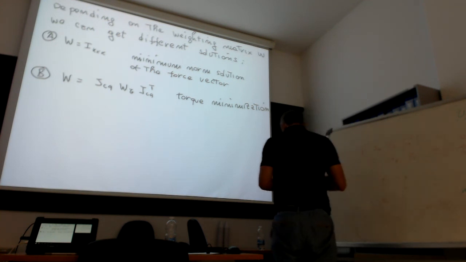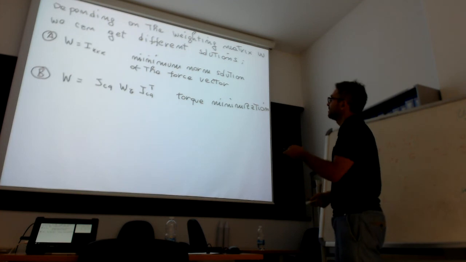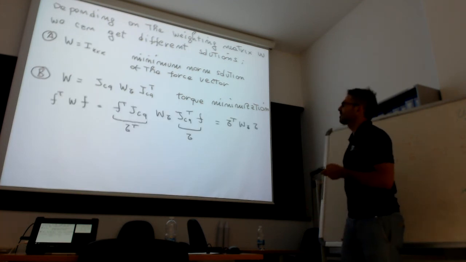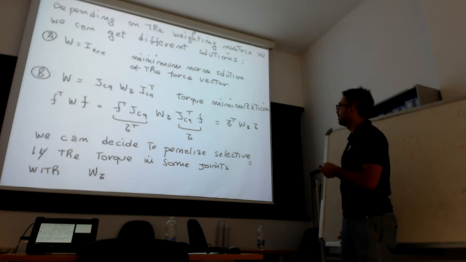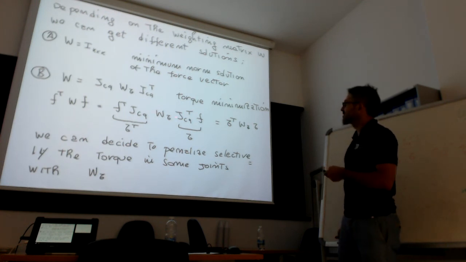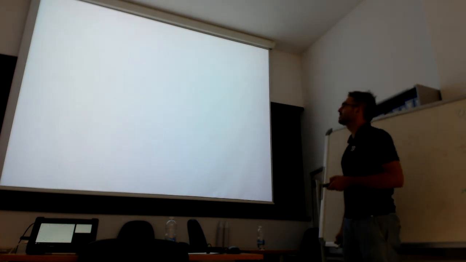So we are actually using this weighting matrix, finding a solution that strives to minimize the torque vector, right? And with this other selection matrix, we can decide to penalize selectively the torque in some joints.